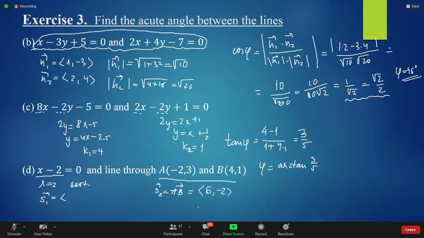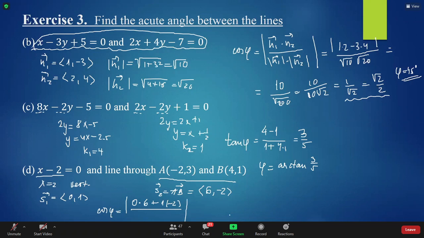And in fact, I could now use the two direction vectors again. So I can say S1 times S2, 0 times 6 plus 1 times -2. That would be the dot product. Cosine of the angle, the dot product, it will be negative. So yes, I will need the absolute value.